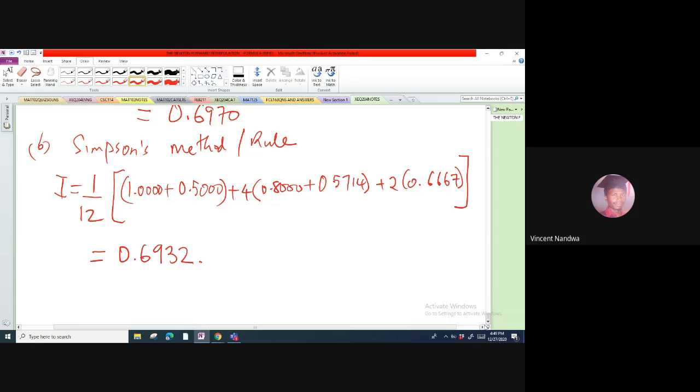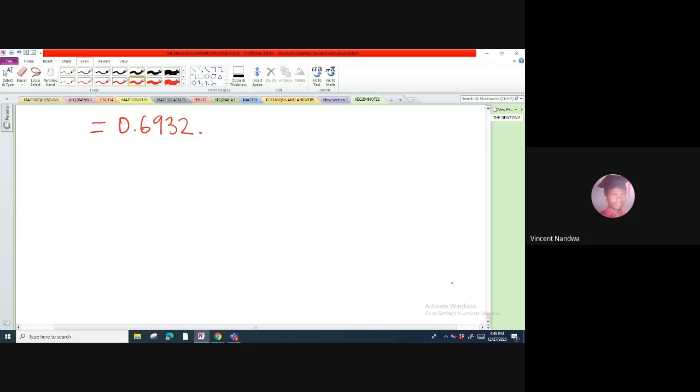Now, assuming we take the last case, case 3, that we take our h to be 0.125. So this is the table that we'll have.